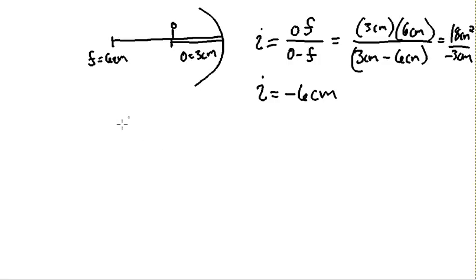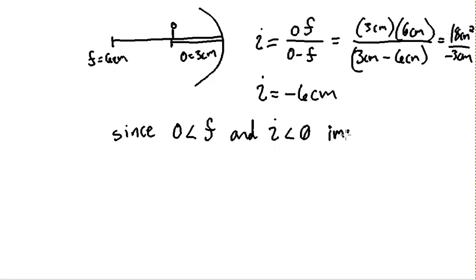So since O is less than F and I is less than 0, the image is, and you should all know by now, virtual and upright.